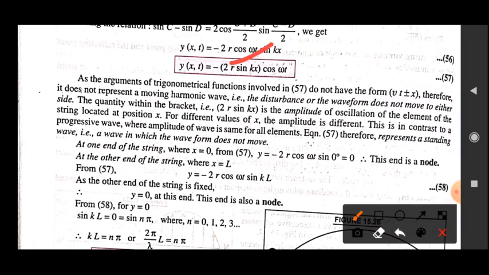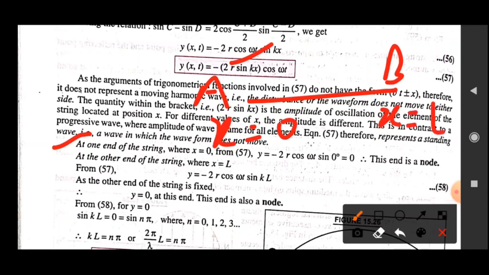So if you see here, the first condition is at one end of the string where x is equal to 0. If I draw the string here, this is end A, this is end B, and this was x is equal to 0, this was x is equal to L. So at end A, when x is equal to 0, using this equation, you can see y is equal to minus 2r cos omega t into sine 0.